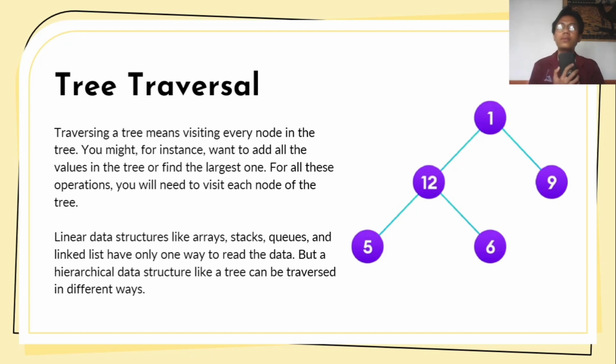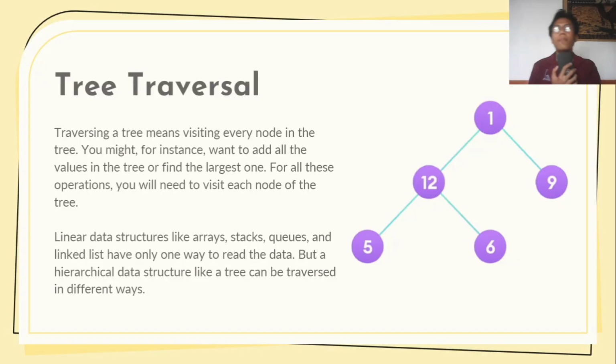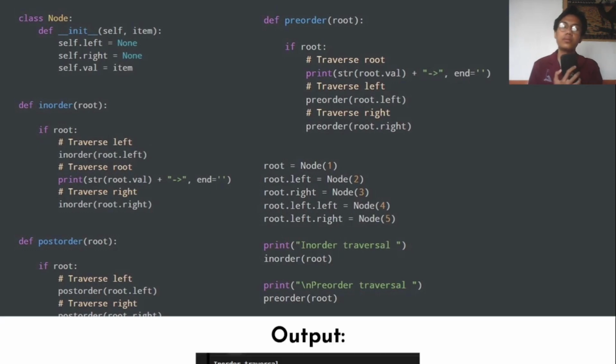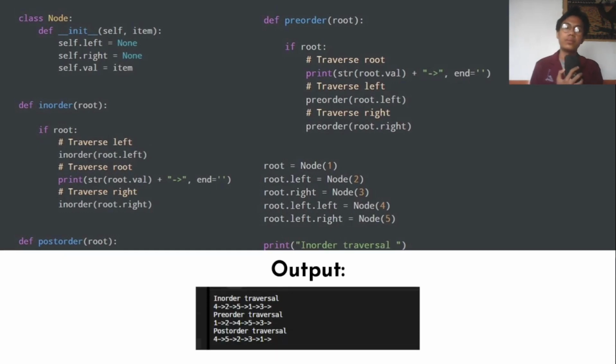For all these operations, you will need to visit each node of the tree. Linear data structures like arrays, stacks, queues, and linked lists have only one way to read the data, but a hierarchical data structure like a tree can be traversed in different ways. So here is an example using Python code, and this will be the output.